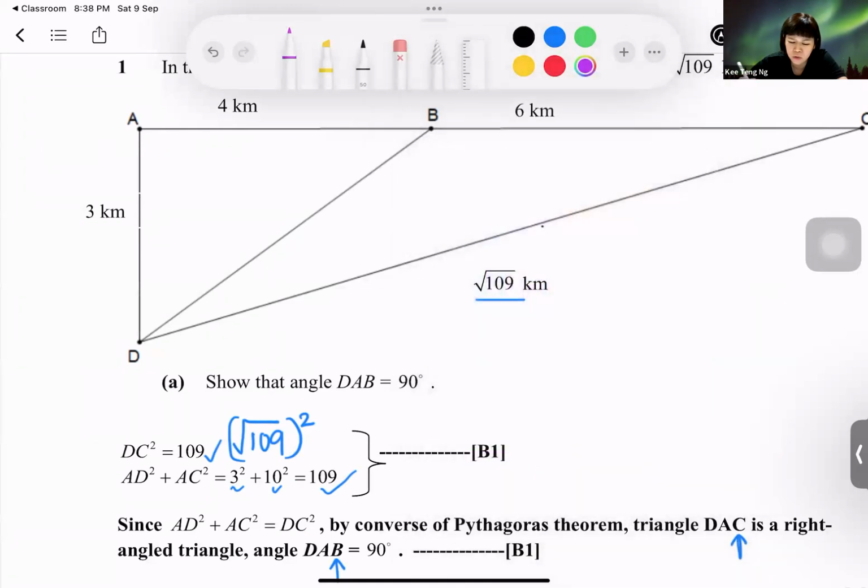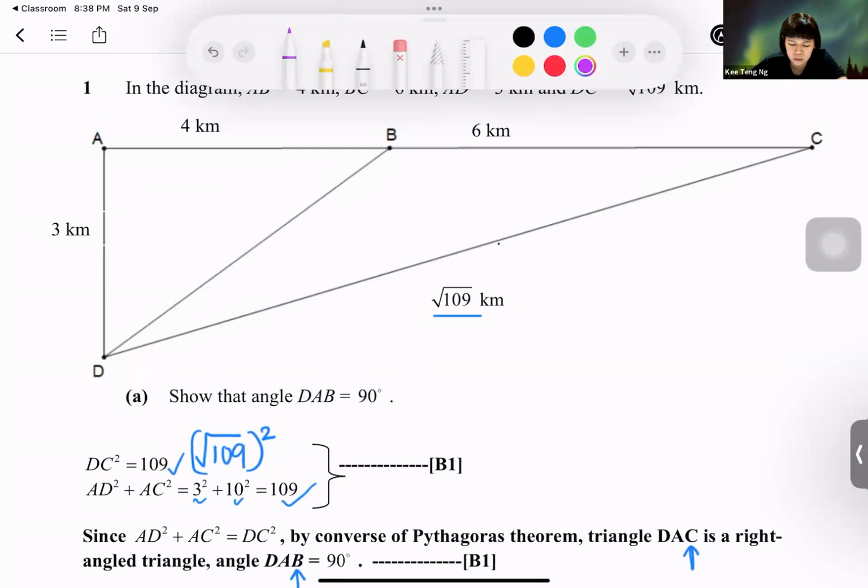A to CD, shortest distance, this is almost my shortest distance already, right? Oh no, shortest distance means I need to get a 90-degree angle. So I must draw something going straight from point A to CD and form a 90-degree angle.